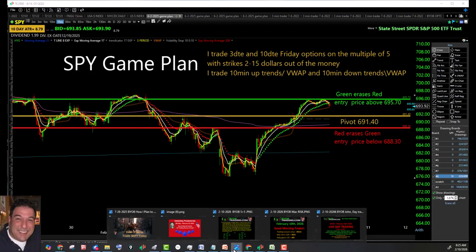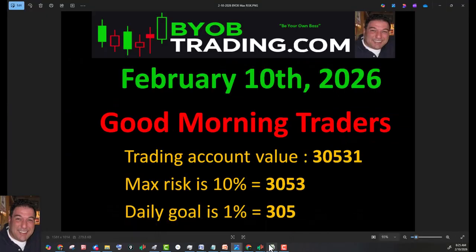I've chosen to keep my risk small. My max risk is $3,053. That's 10% of my account, and I keep it this way the whole time. My daily goal is 305. We'll see if I can get it done today. Got it done yesterday. Let's see if we can do it again today. So my risk is 305, so I don't have a lot of risk.